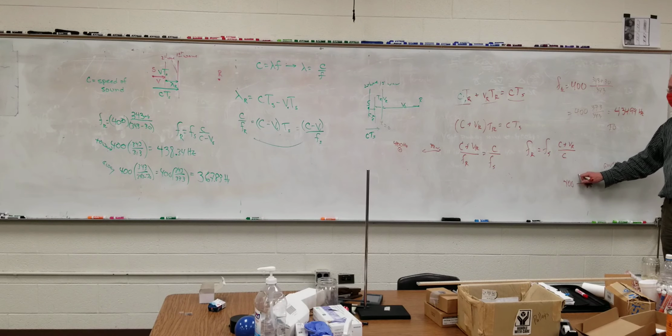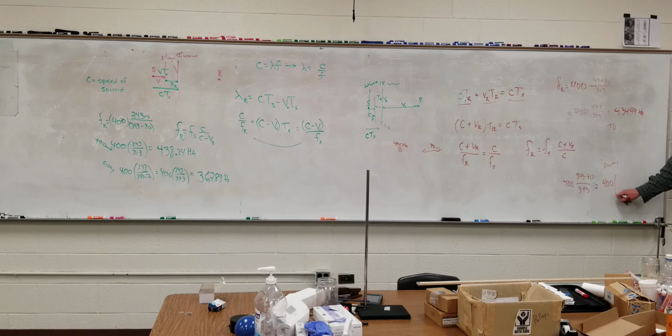And so this will be 343 minus 30 over 343, which is 400 times 313 over 343, which is 365.01.